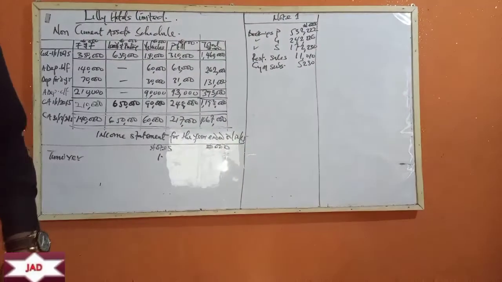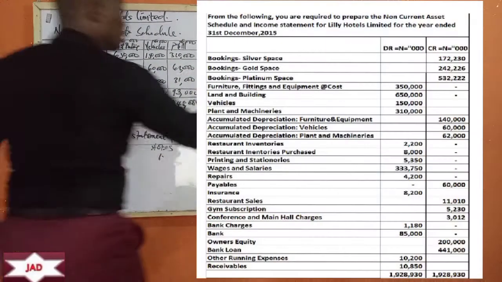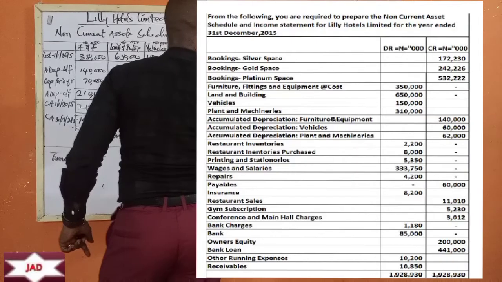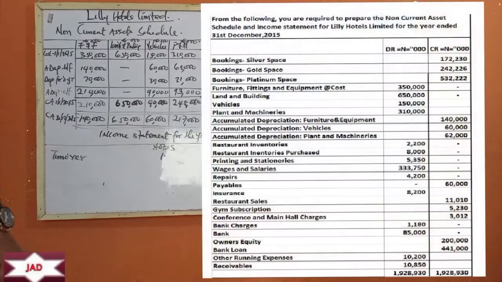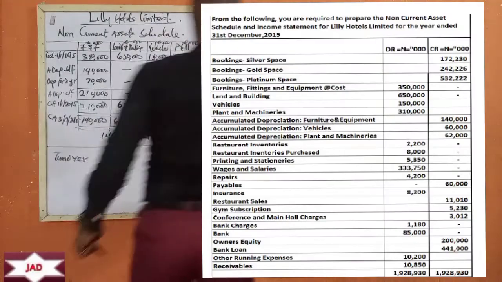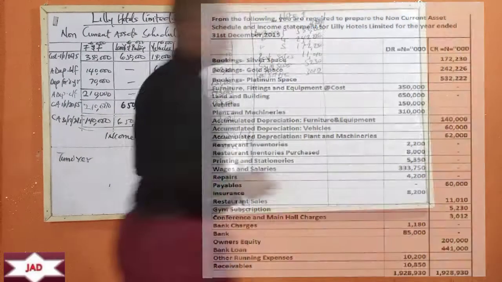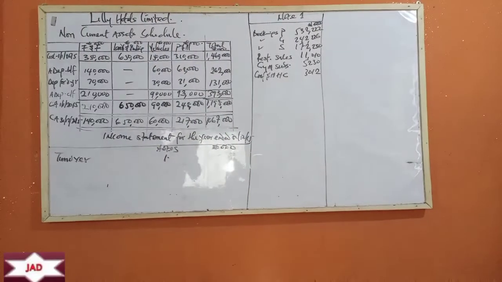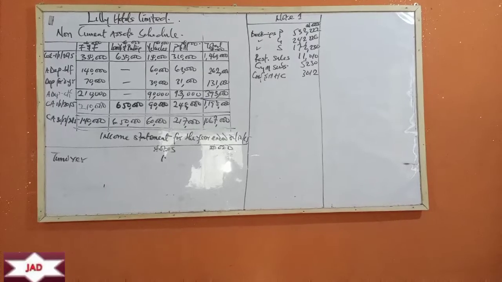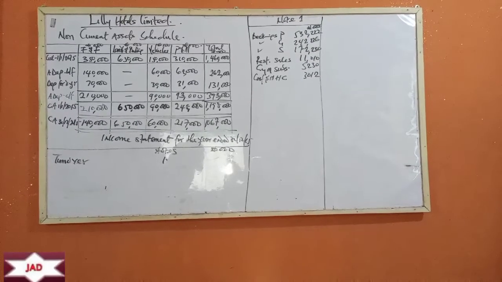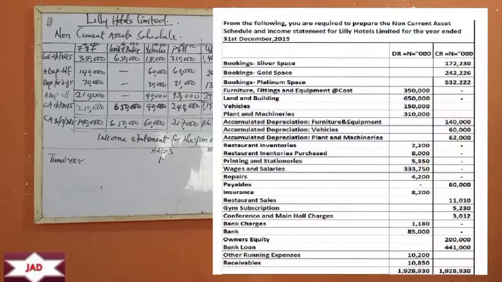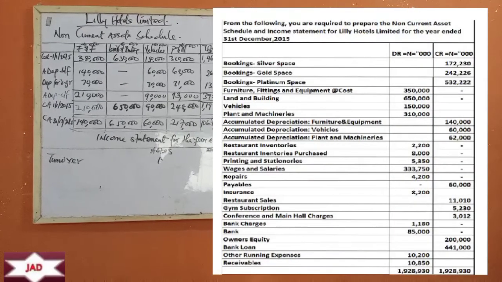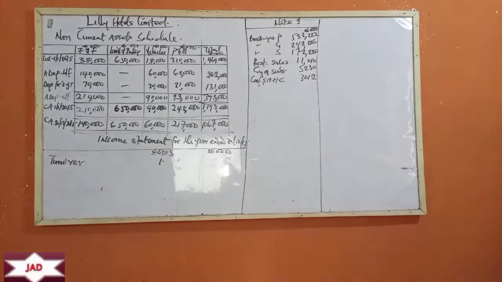What's the next? I can see conference and main hall charges. What do we have there? 3,012. Any other income? Let's check if we have any other income there. There's no other income. But is there any additional information on those? No. So let's add up.